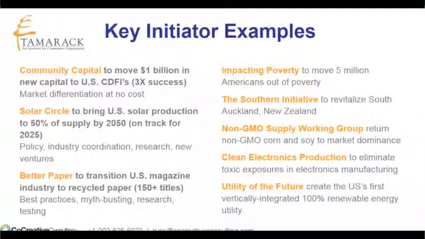Another example, a great story from the first collective impact project that I did, is the one up in the top left called Community Capital. In 1998, I was managing a trade association here in the U.S. called the Social Investment Forum. These are financial institutions and professionals who invest according to social values.